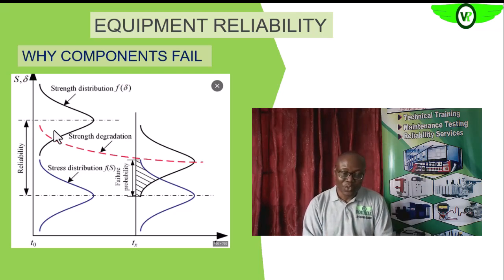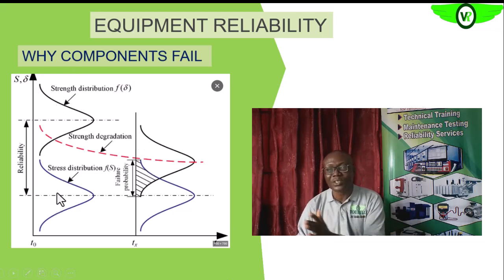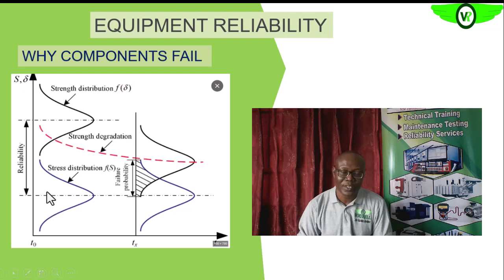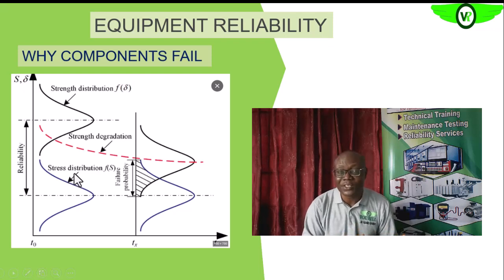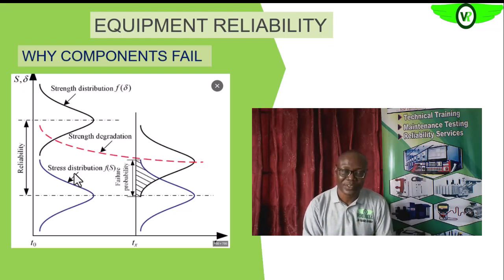So if that is the case, why then will a component fail? Because if this is the design and this is what it's subjected to, this safety factor should help us use it to infinity. But the fact is that during normal operations, that envisaged stress level, temperature, pressure, let's take pressure for example.